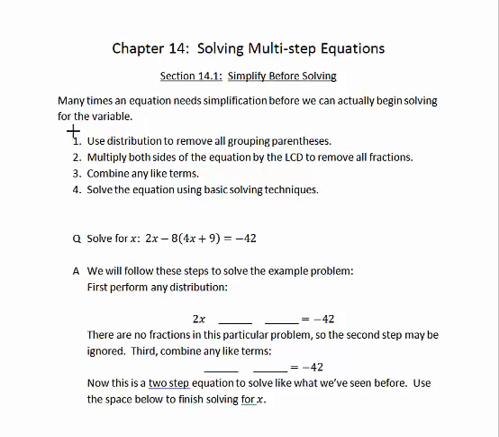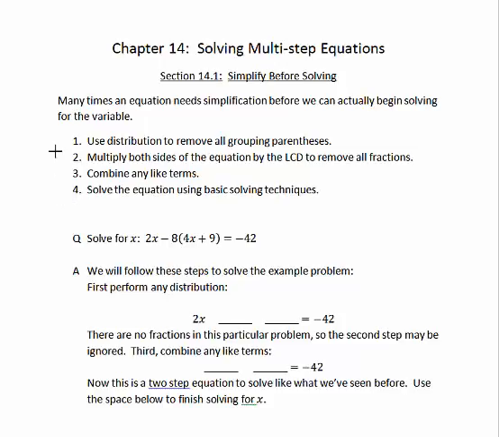So the goal of Chapter 14 is to use these guidelines, and we have 4 of them, to get back to the type of equation that we had in Chapter 13. Once we get to that point, you should be pretty familiar with undoing the steps to get the variable by itself.